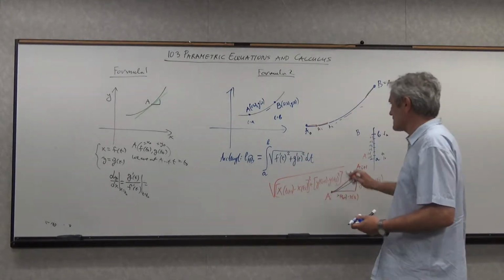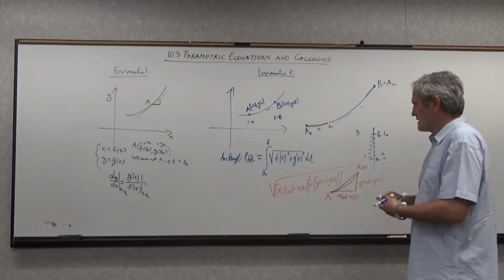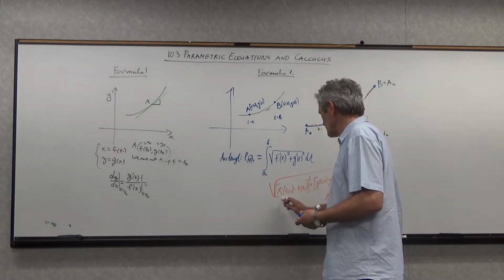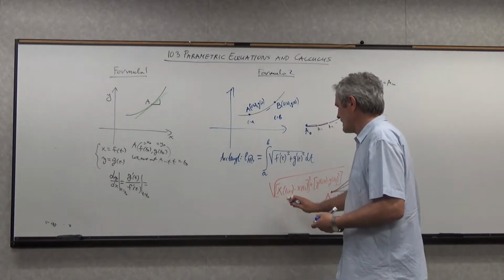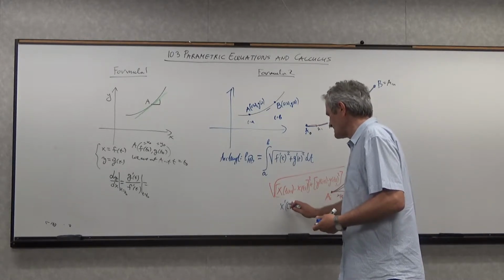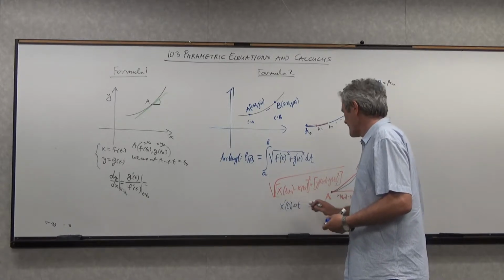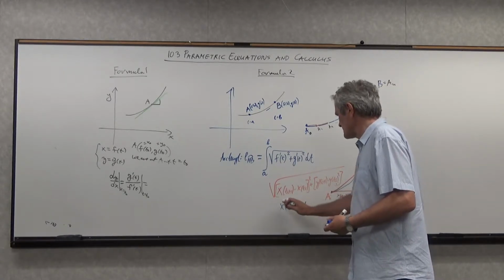So everything is there, but I have differences, I don't have derivatives. But then, using the mean value theorem, we can say this is equal to x prime of some point ci in between, times delta t. And this is squared.